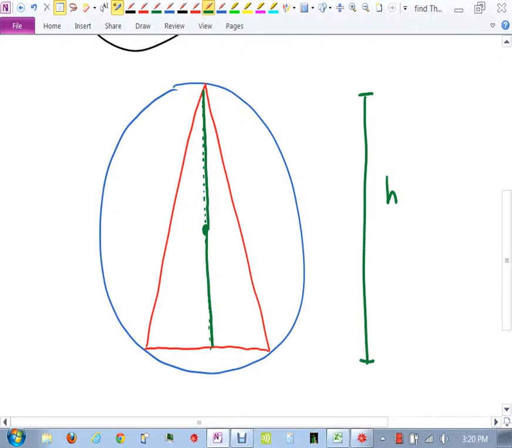We don't know what that is. We also know that the distance from there to there is R, the radius. We do have a triangle. It's a right triangle. But that hypotenuse doesn't lend itself very easily to revealing what it is, does it? Because all you could say is it's the square root of r squared plus h squared.